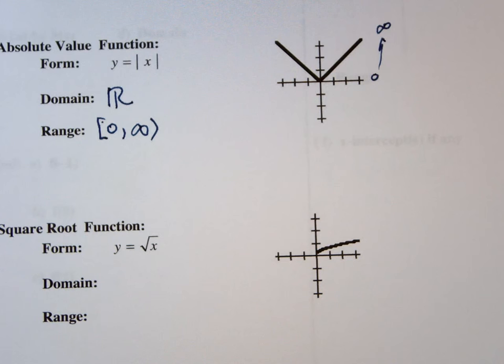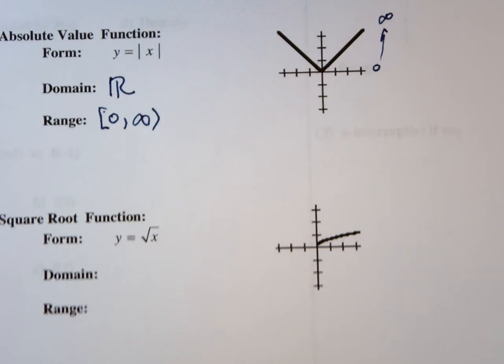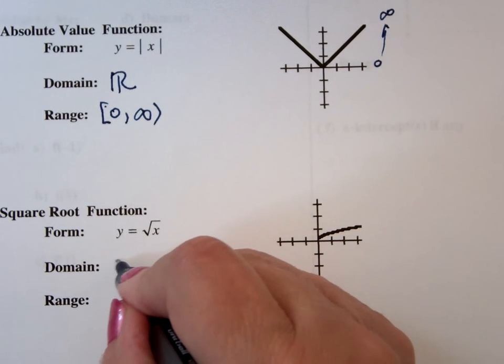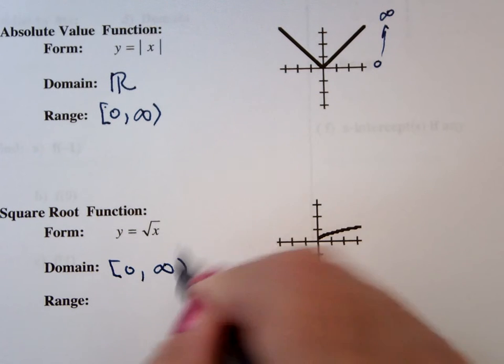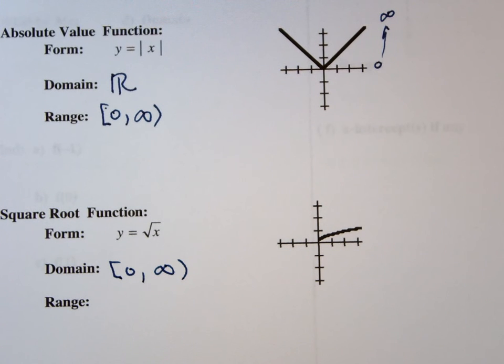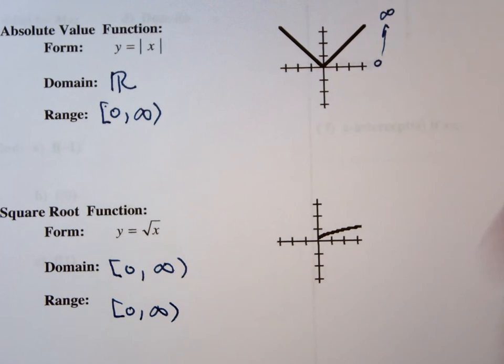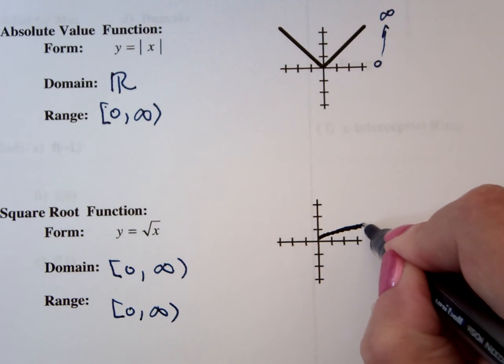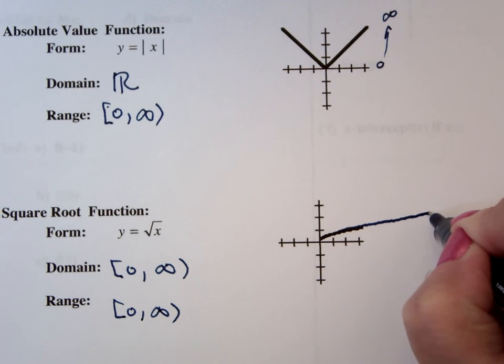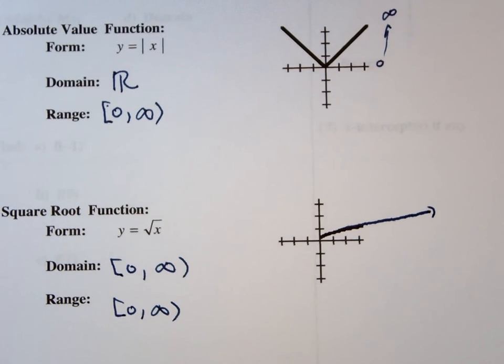And square root function. The domain is 0 to infinity, including 0. What about the range? Same thing. See, he continues to go up and up. So the range is also 0 to infinity.